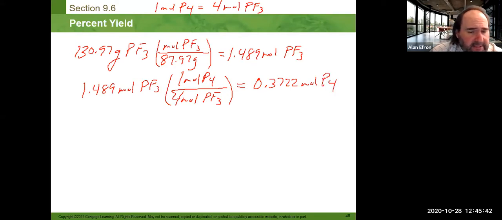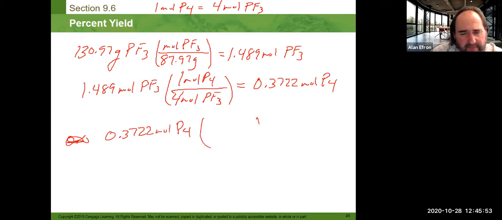In this particular case, we were looking for grams, so back to the periodic table. We get the molar mass of P4, which is 4 times 30.97, giving us 123.9.